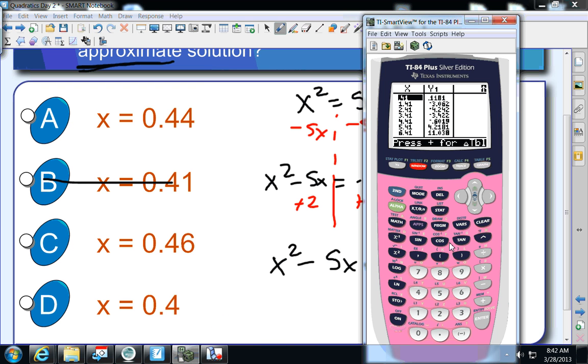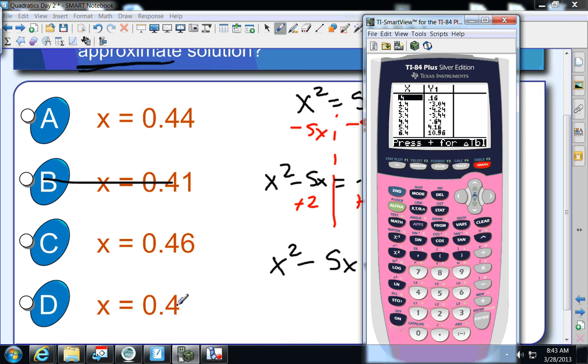Second window, 0.46, second graph. Okay, I'm not sure. Let's go back to the window. Let's try 0.4. Second graph. Well, darn. That one says 0.1. Both of the other ones said 0.0. So this one can't be it.